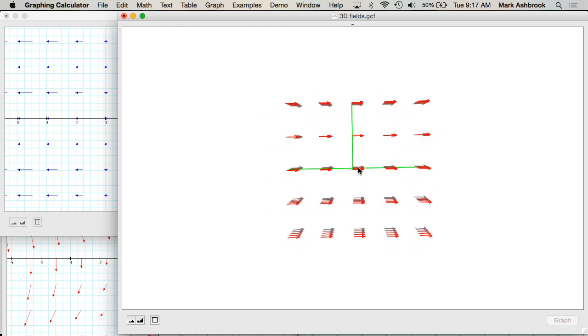All right, so I'll leave it here. This is looking at the yz plane. So could you figure out anything from just looking at the yz plane, any of the components? Talk.